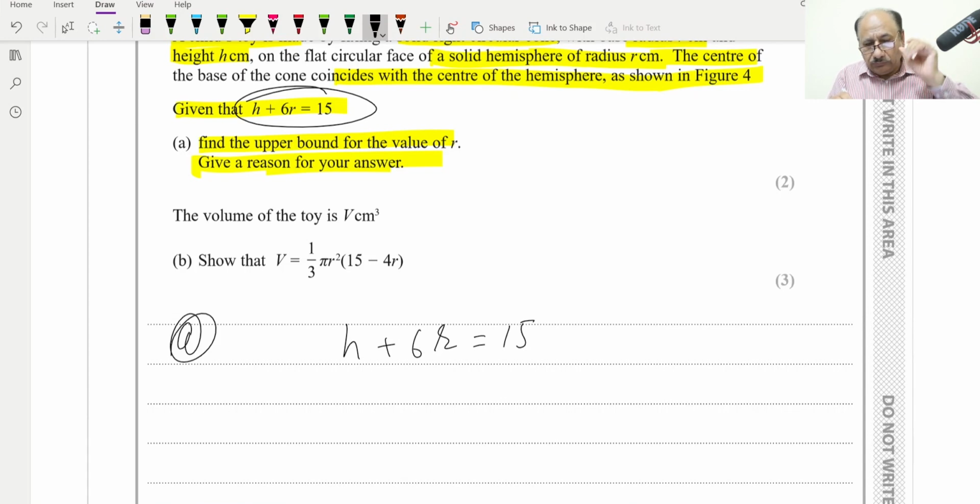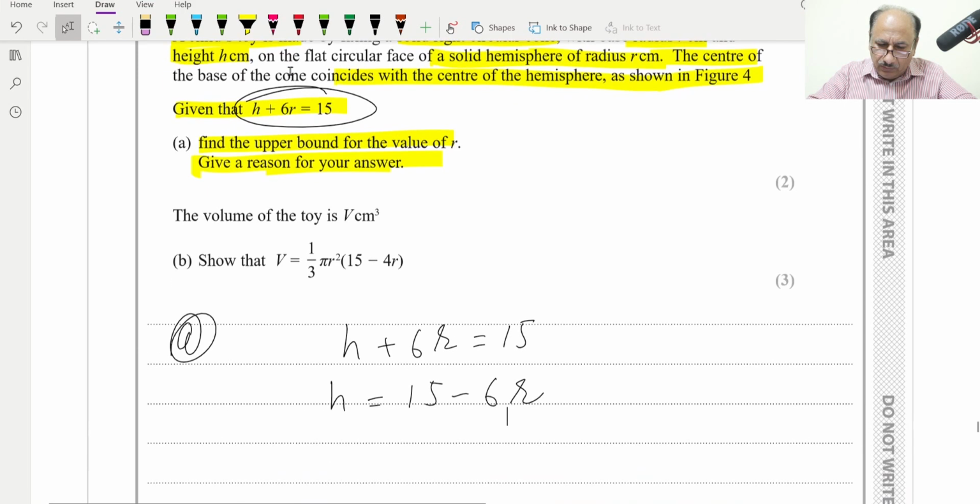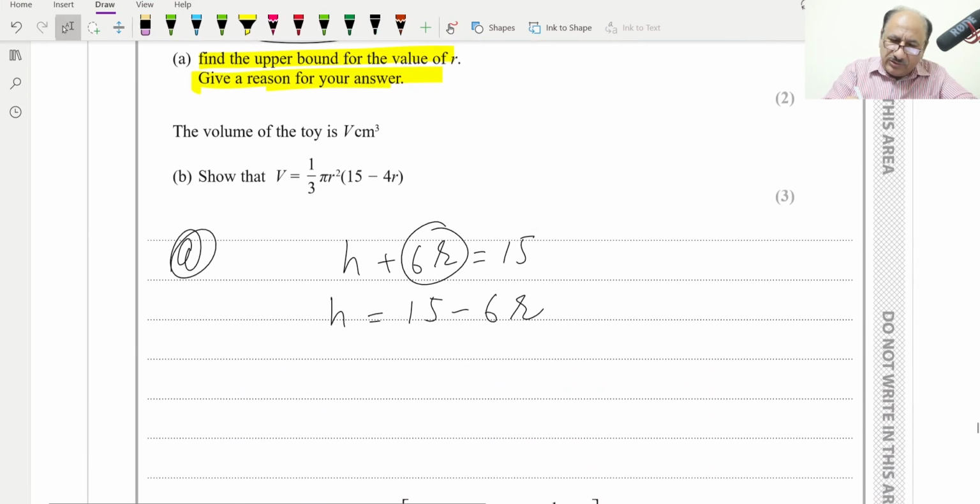So h we can write as equal to 15 minus 6r, and we have basically shifted this 6r to this side. Hopefully you understood this. And we know that height cannot be 0, so this part is greater than 0.